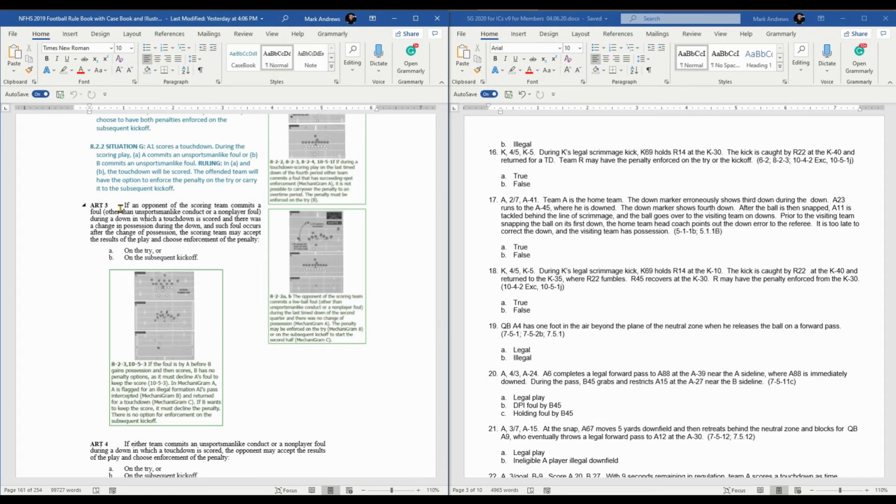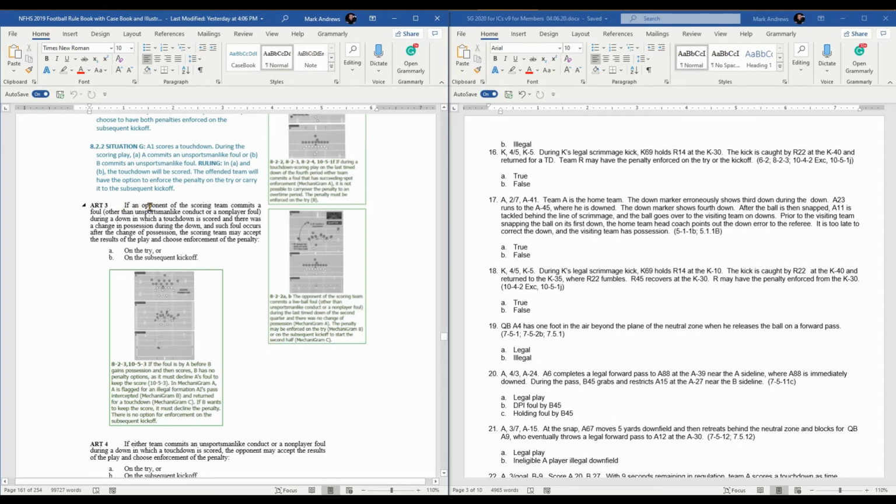The reason the question is here is because in most cases, if the opponent of a team that scores commits a foul, the penalty for that foul can be enforced on either the try or the kickoff. This is one of the exceptions. So let's take a look at the rule.